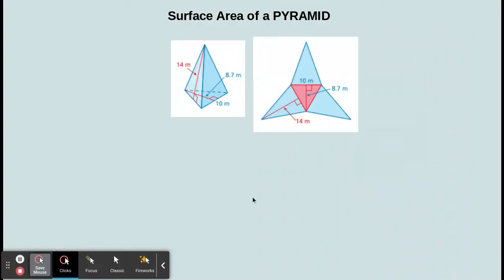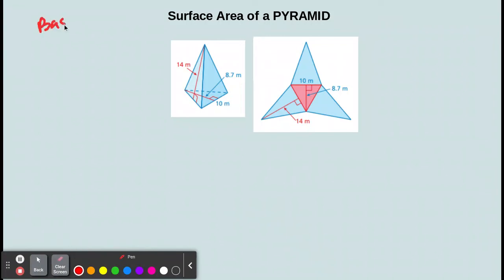Okay, let's do another example, but this time we have a triangular base. But the process is the same. So here's our base, and we know it's a triangle with a height of 8.7 meters and a base of 10 meters.